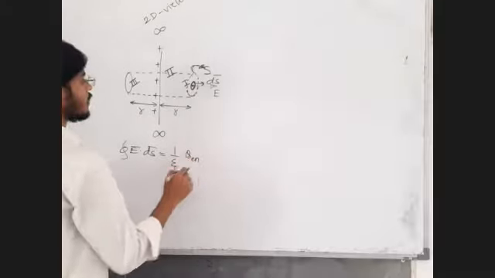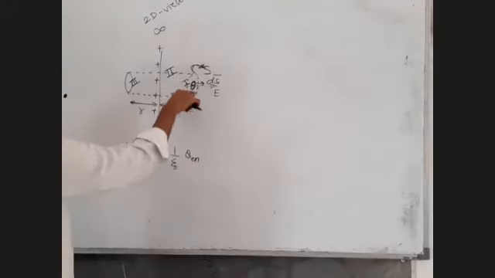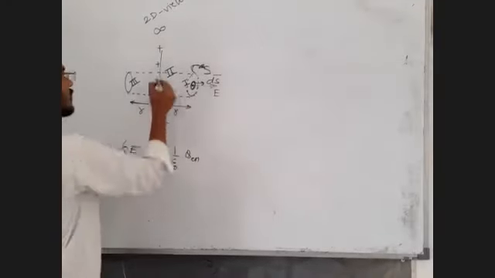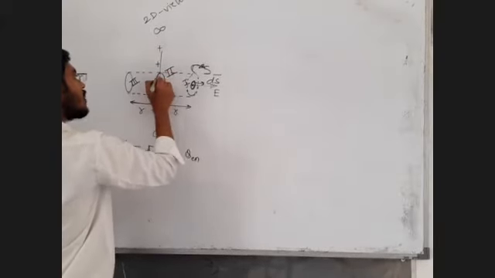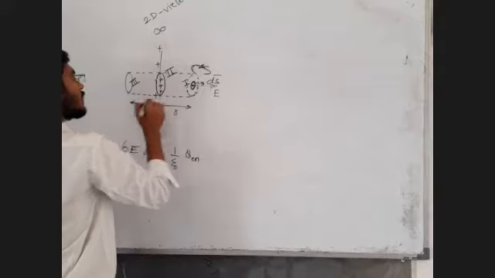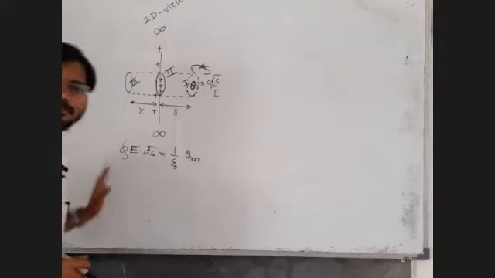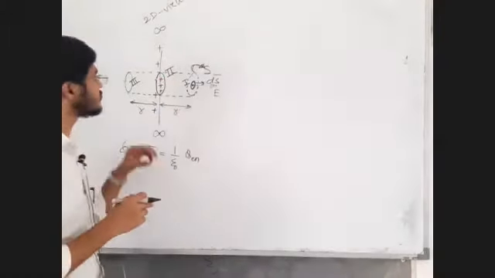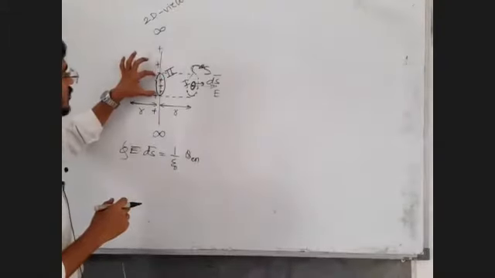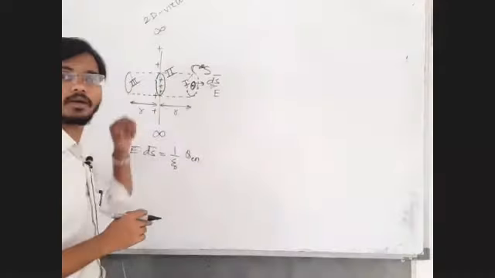enclosed. Now, sir, this is our Gaussian cylinder. In that Gaussian cylinder, this circular region of our charged object is enclosed. Our charged object is a sheet. Out of that large sheet, this much sheet is enclosed inside our Gaussian surface.